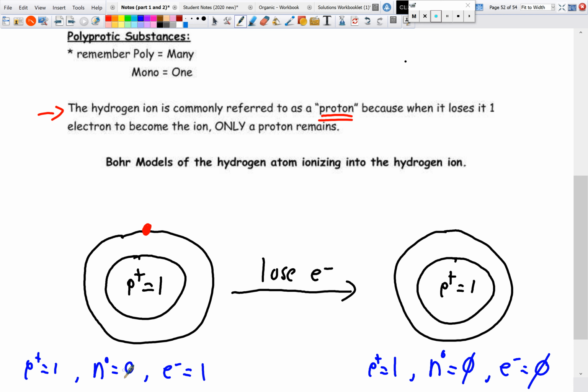That is why the hydrogen ion, I forgot to put in the charge here, square bracket, positive 1, is normally considered a proton, even though it's technically not just a proton. But that's why for acids and bases we normally refer to the hydrogen ion as a proton. When it loses that electron, only a proton remains: no neutrons, no electrons.